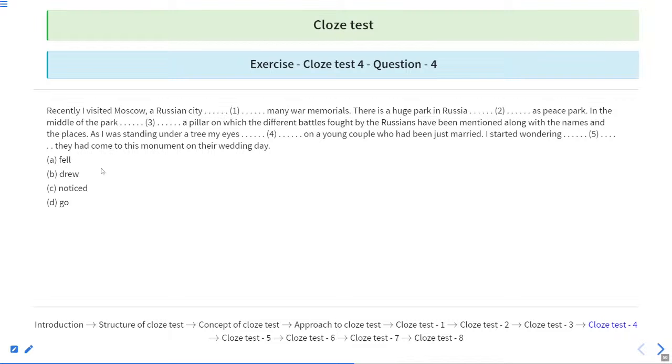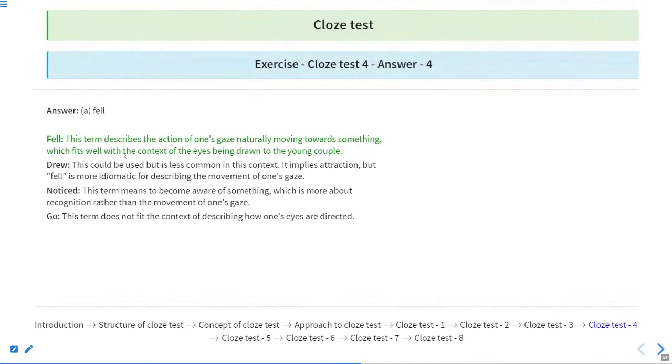The correct option will turn out to be fell. Let us see why. Fell describes the action of one's gaze naturally moving towards something, which fits in well with the context of eyes being drawn to young people. So we had said, as I was standing under a tree, my eyes, dash, on a young couple. It is fell on a young couple.